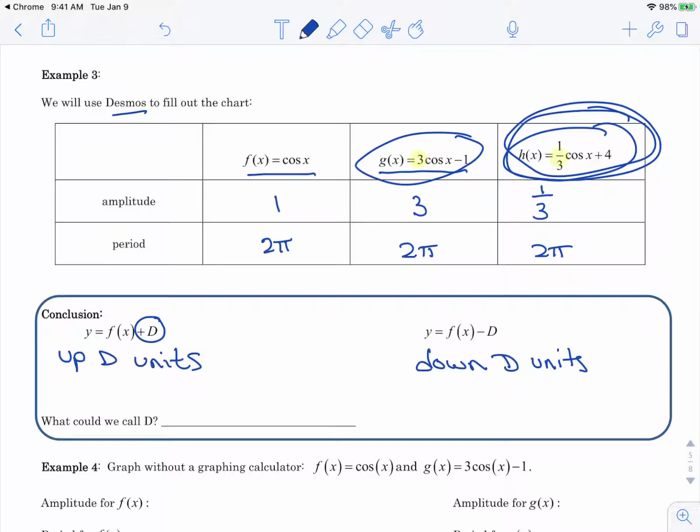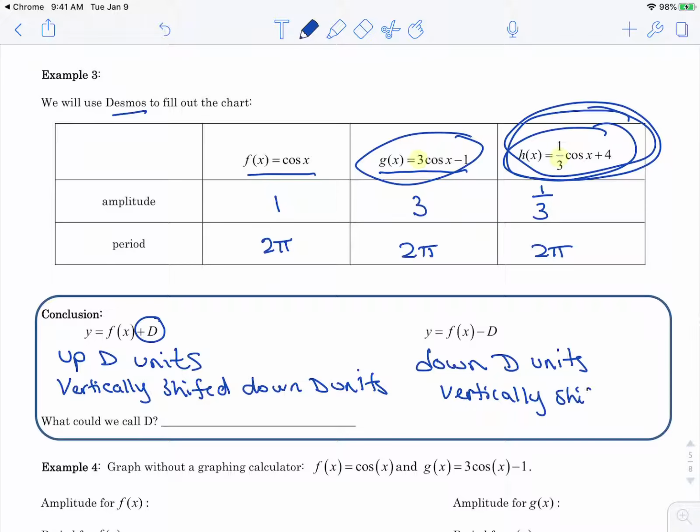So another way to write that is we could say vertically shifted down d units, or vertically shifted, forgive me, up was this one, right? Because it was a plus. And this is down d units.